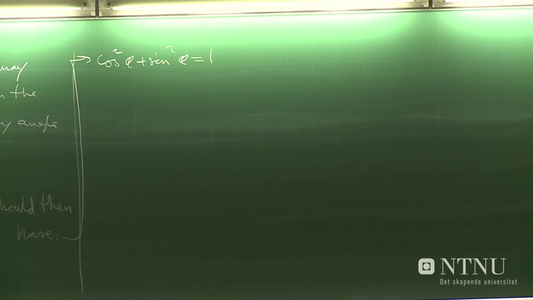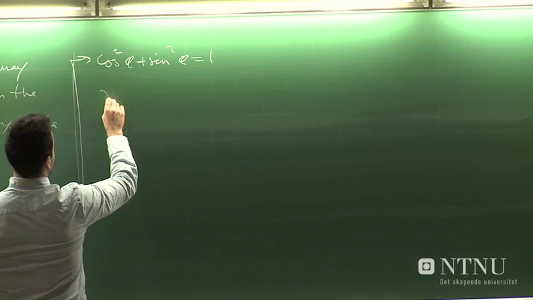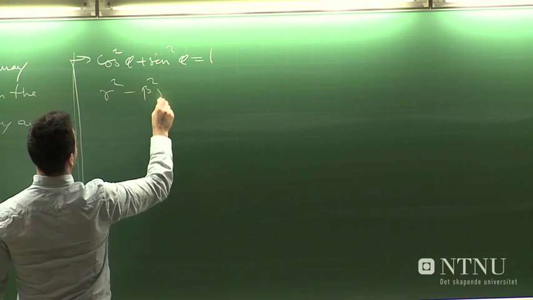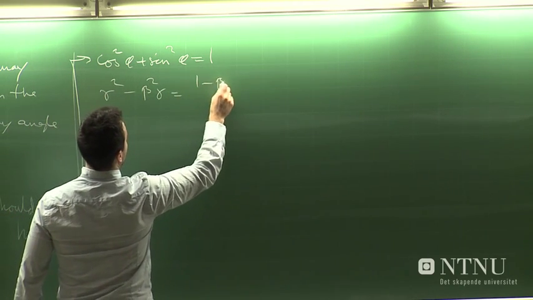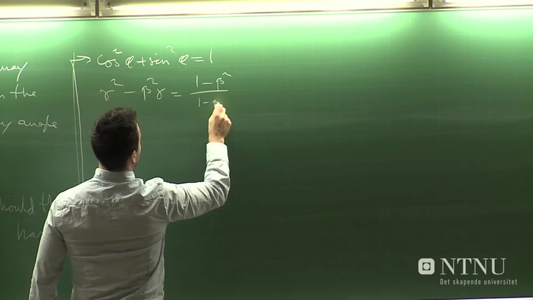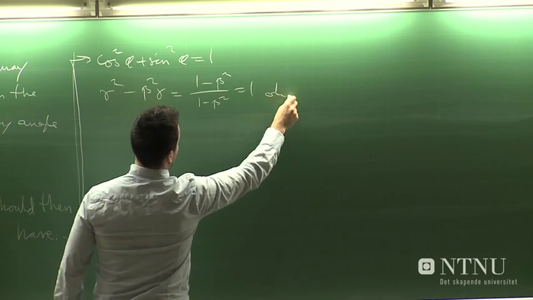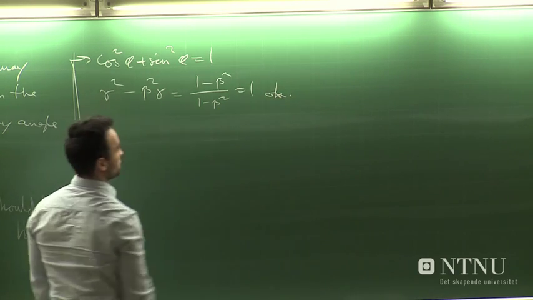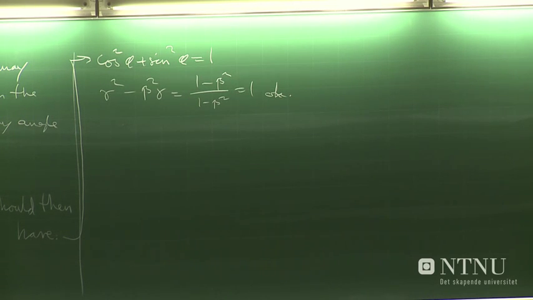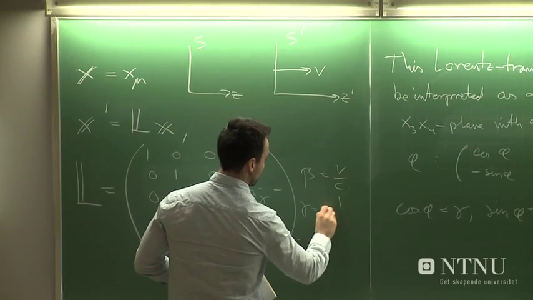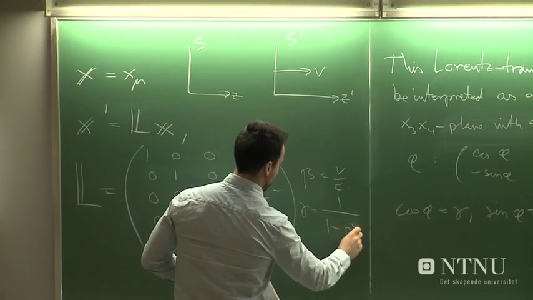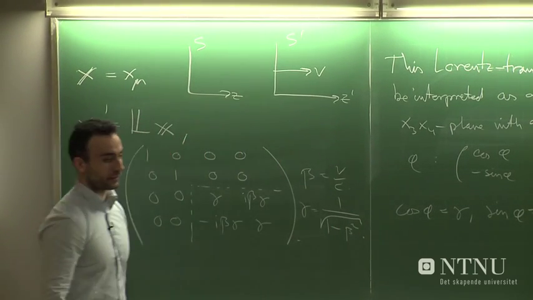So let's check if the sum of the squares of this is equal to 1. So we get, so that's okay. So I've used here the definition of gamma.